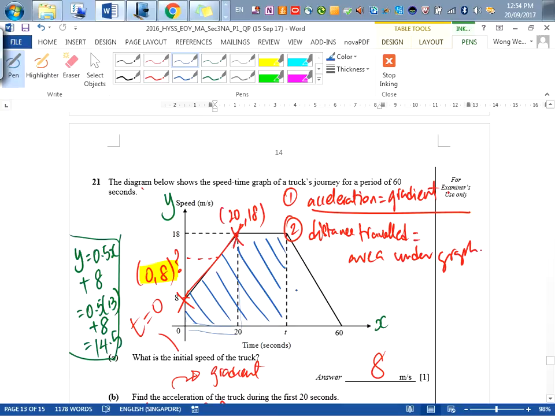What is the area of this rectangle? What is the height? 20. Are you sure 20? What's the height? 18. Then what is the width? How much is this? This value over here is t minus 20. Makes sense, right?